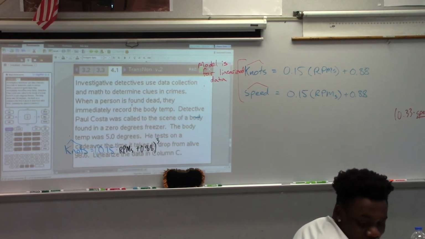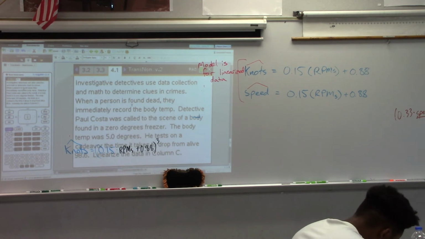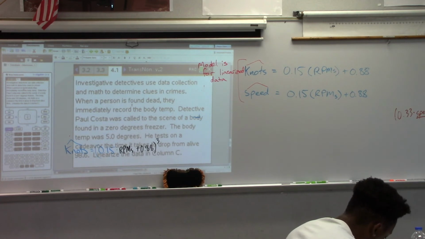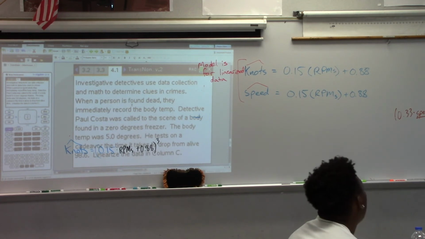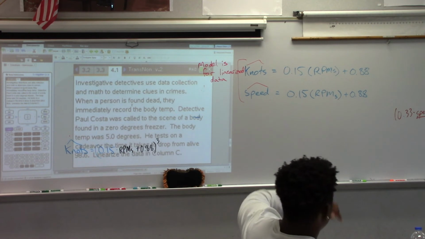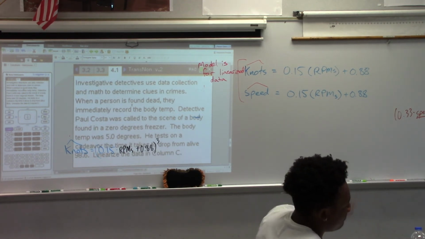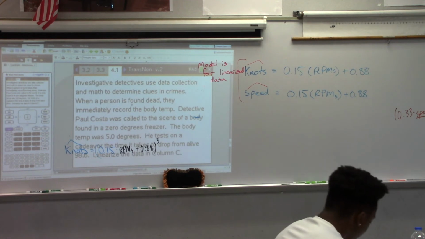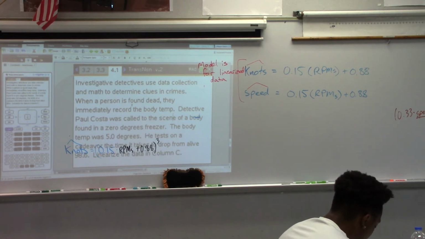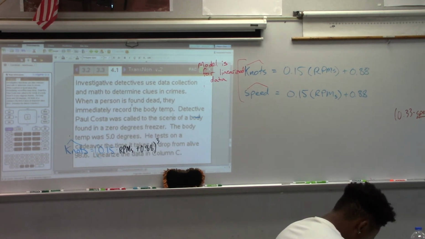Math to learn. Caleb, what do we see out of this context? I see that in math determine the proof. I say this. Okay, so the degrees on the body determine how long they've been dead. Is that true? Yes. Because he said he tests on a cadaver.